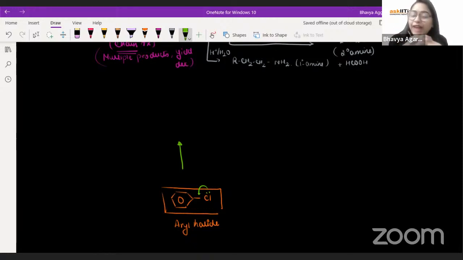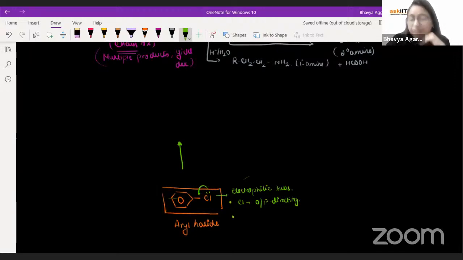The characteristic reactions will always be electrophilic substitution, not nucleophilic, where chlorine is ortho-para directing. So chlorine's behavior is ortho-para directing. That is the behavior. All right.